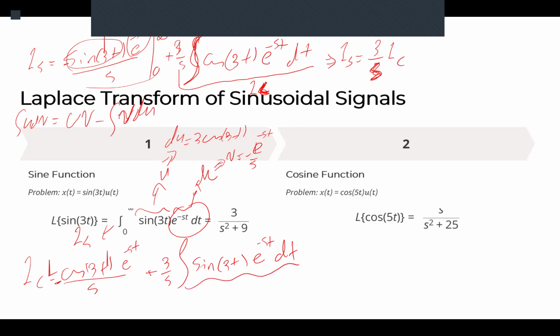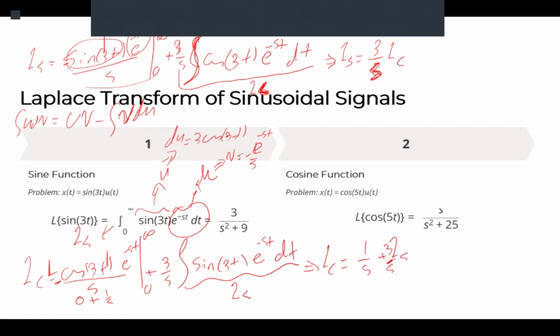See what happened? We already have this. This is IS. And if we go from 0 to infinity, at infinity it is 0, so this one becomes 0, minus minus is plus. When we go to 0, this is 1, this is also 1, so what happened here is 1 over s. So the whole IC becomes 1 over s plus 3 over s times IS.